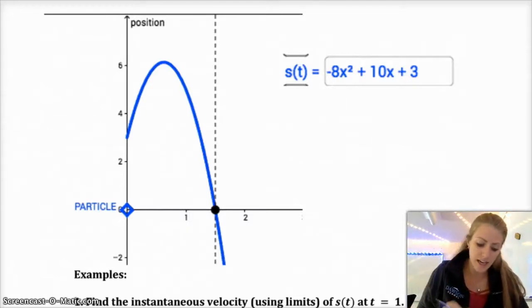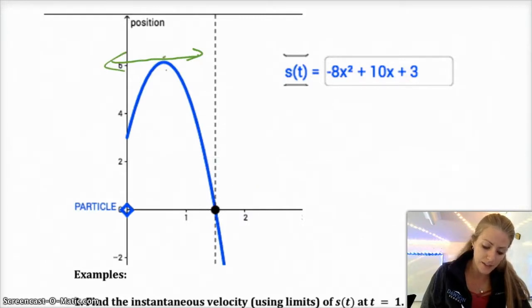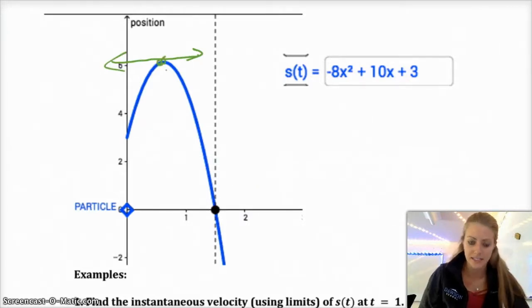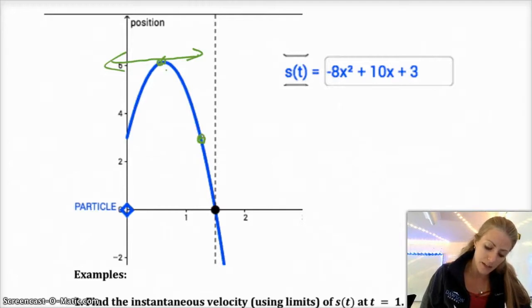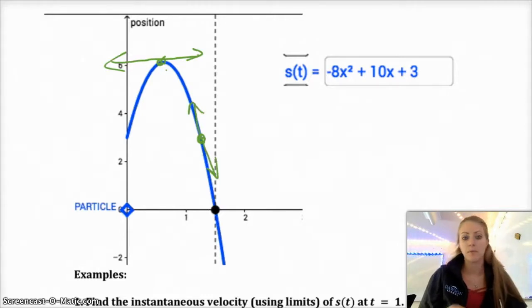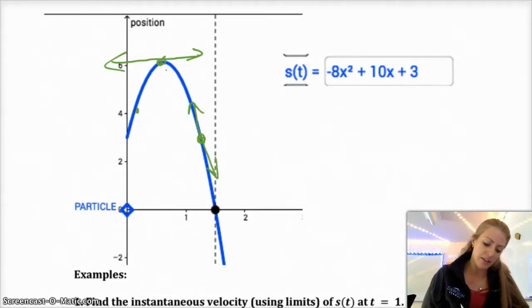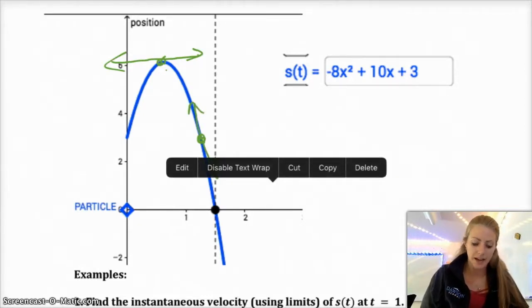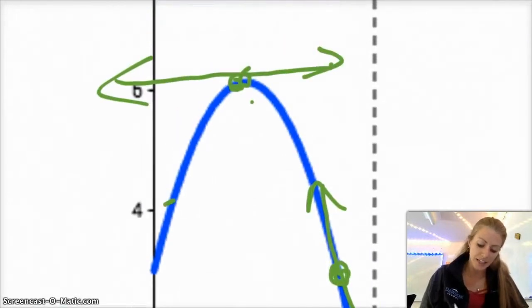Because I can look at the slope of this point at the top, and it has a different slope or a different instantaneous velocity than this point here, because this one has a slope that's really negative. And this point here has a slope that's positive.